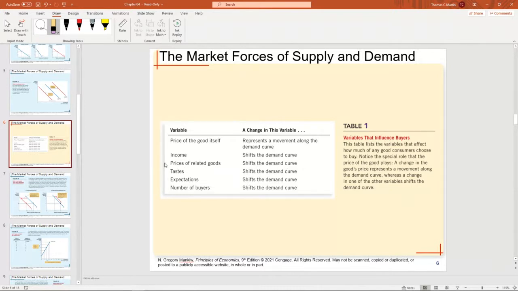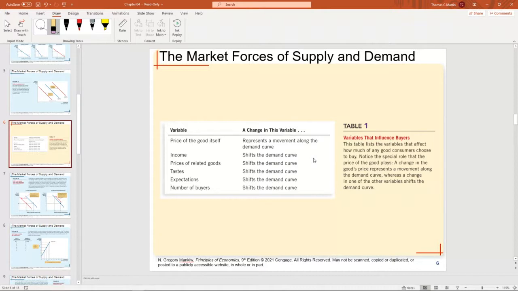The other thing we're looking at when we look at price of related goods, there's two parts of it. There's complements and substitutes. If you have a complementary good, we'll say coffee and creamer. If there's an increase in the price of coffee, you'll see a decreased demand for the creamer because people can consume less coffee and therefore less creamer.